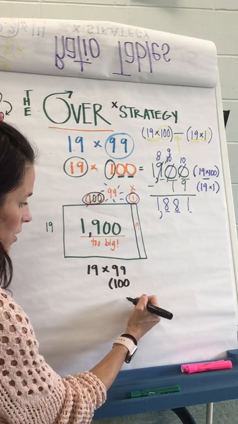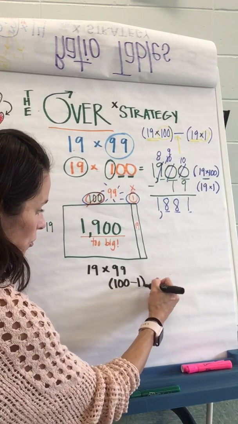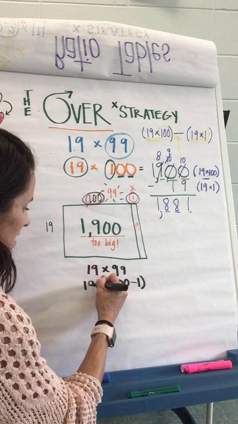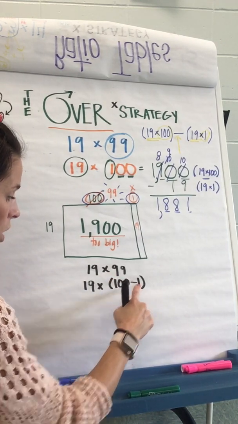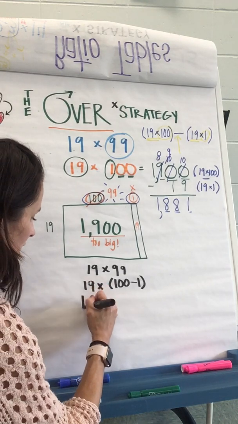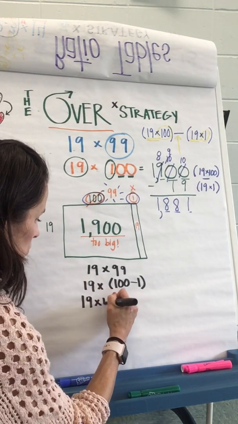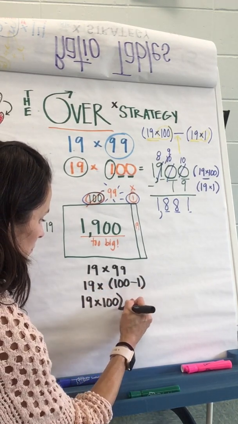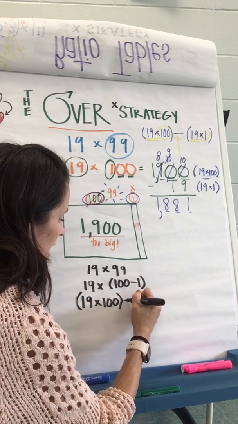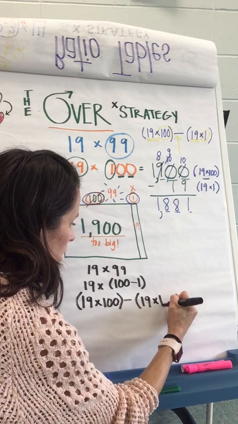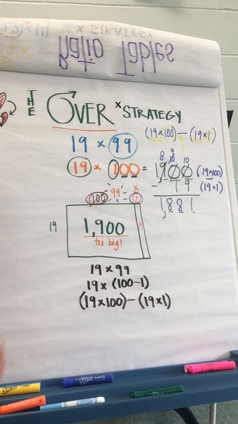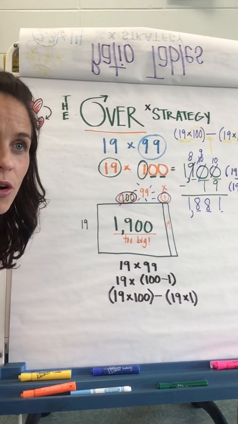That's so much easier, but then we're going to have to take out a group. So really, we did 19 times 100 minus 1. So when I write it out, 19 times 100 is the first step. Take away 19 times 1. Okay, we will be doing more together in our notebook.